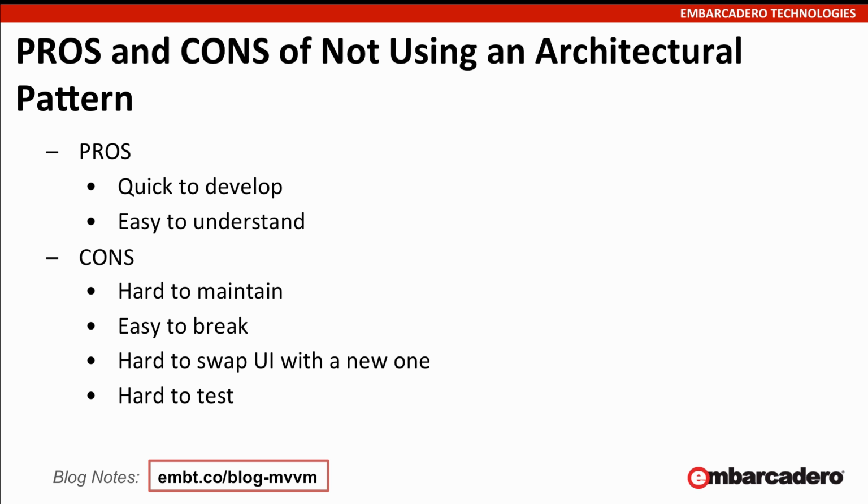This approach is also hard to test because the domain logic is mixed in with presentation logic, and that makes it hard to run unit tests, as it becomes difficult to isolate application logic. Further, the mixing makes it difficult to update or completely replace a UI with a new one. For example, migrating to a mobile UI, you might need to do a complete recode in order to remix these concepts.